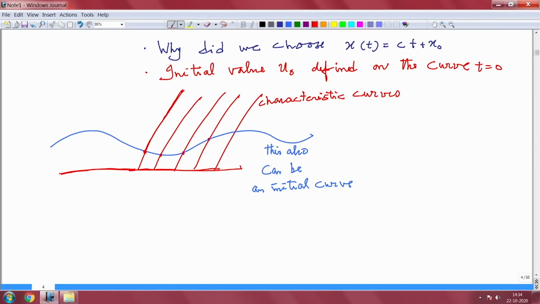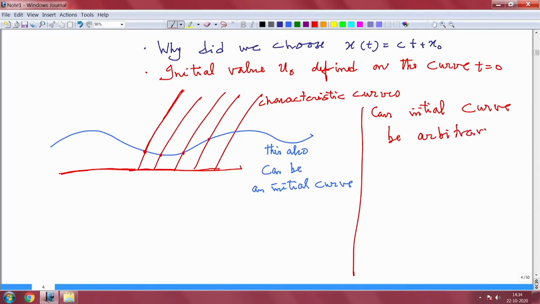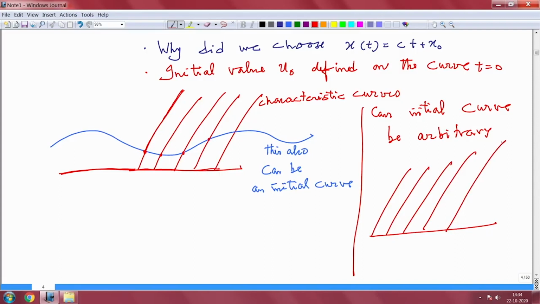So, you may ask a question, can I have my initial curves arbitrarily? That is not possible. Can the initial curve be arbitrary? So, for example, I take this one and these are your characteristic curves. Okay.